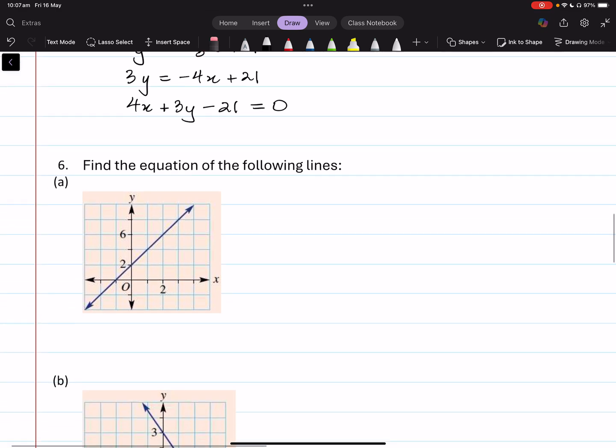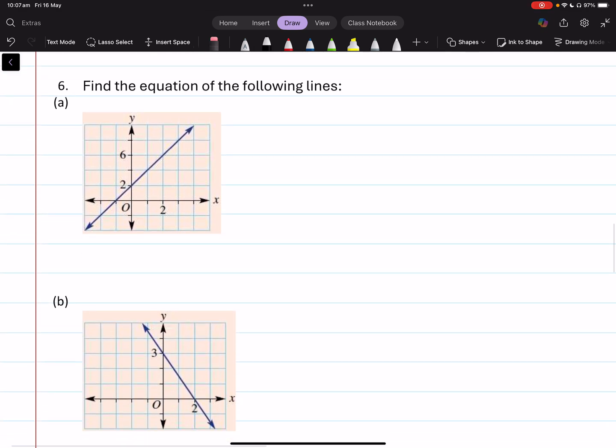Okay, to the next one. Question 6, find the equation of the following lines. Now, previously we looked at how to find the gradient of a line. You might remember that the gradient is equal to the rise divided by the run. So we know that gradient is equal to rise divided by run. Let's have a look at the line that we have here.